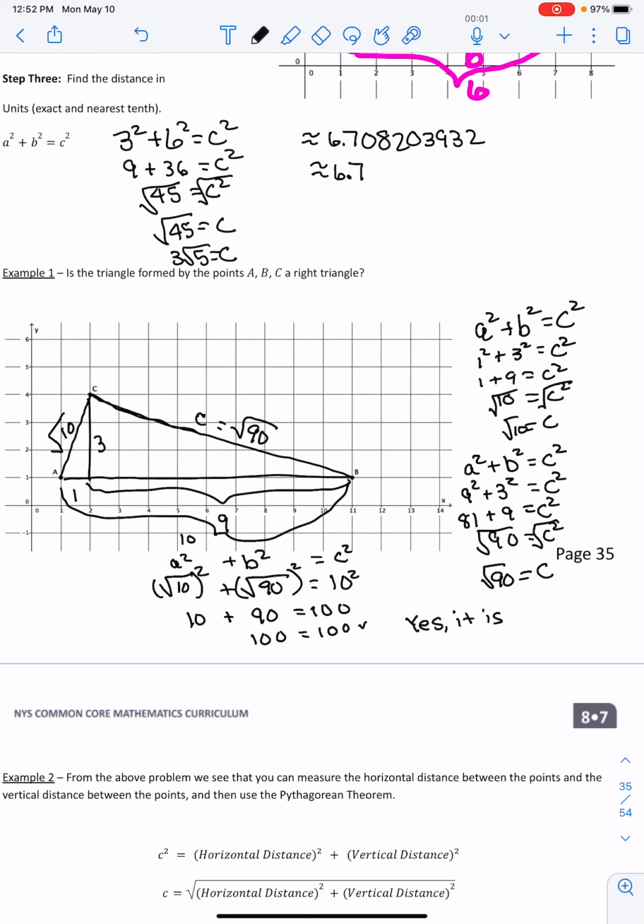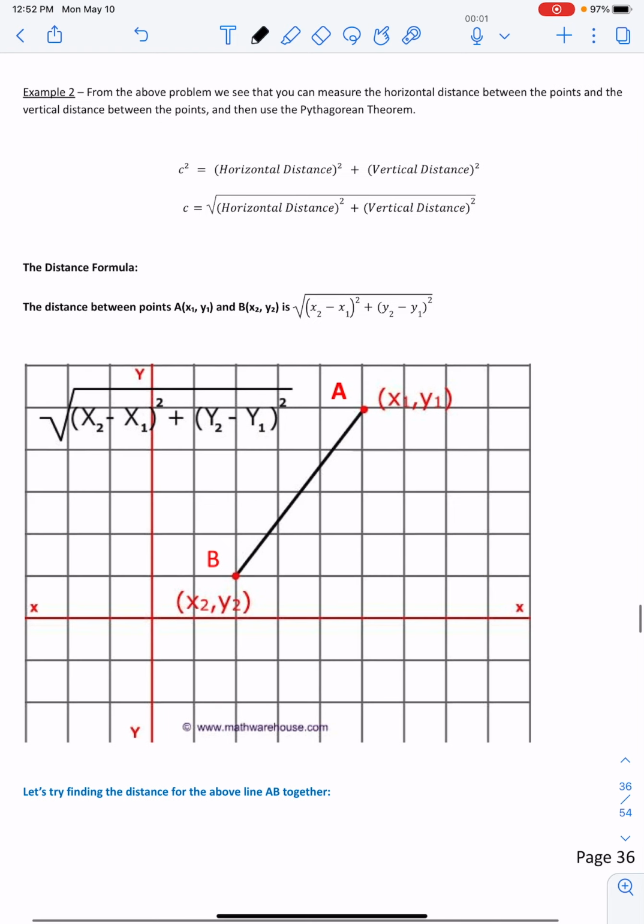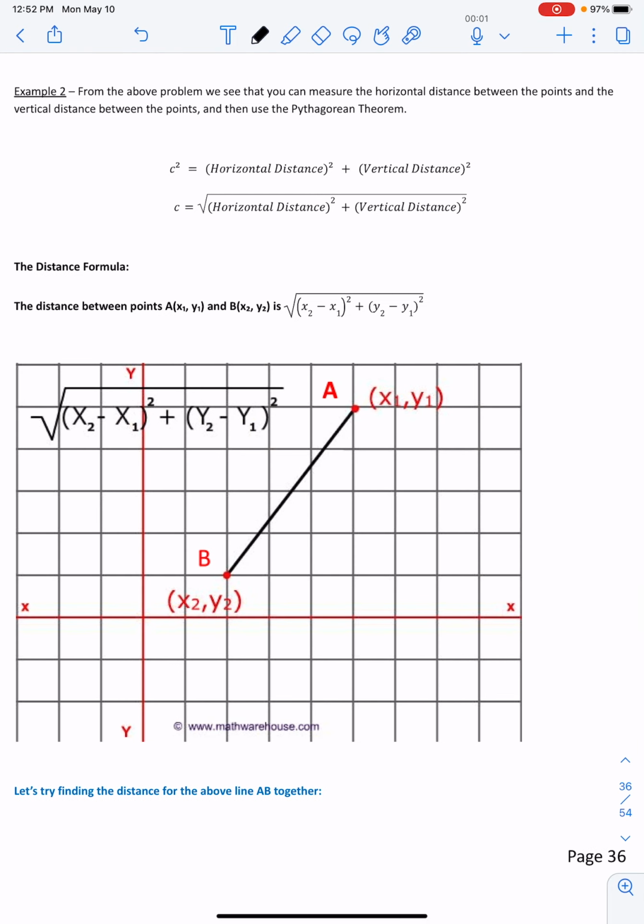Okay, so next we have, for example 2, it says, from the above problem, we see that you can measure the horizontal distance between the points and the vertical distance between the points, and then use the Pythagorean theorem. So in other words, c squared equals the horizontal distance squared plus the vertical distance squared, and c equals the square root of that.